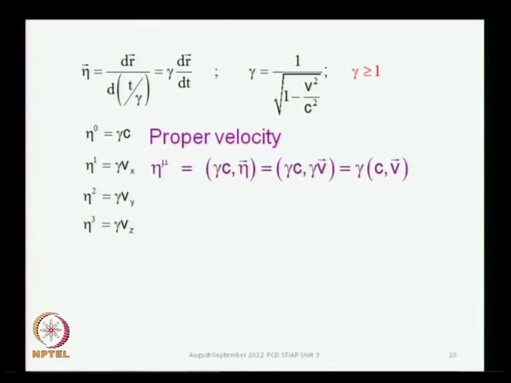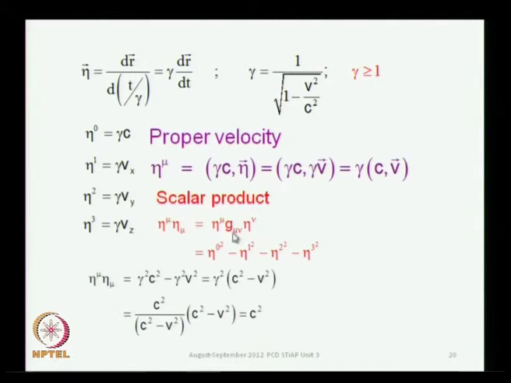Now that you have got the proper velocity, you can ask if it is invariant. So, you construct this scalar, and all you have to do is to plug in these numbers and determine what this quantity is, and it turns out to be the square of the speed of light. So, obviously it is invariant, because we know that the speed of light is invariant under Lorentz transformations.